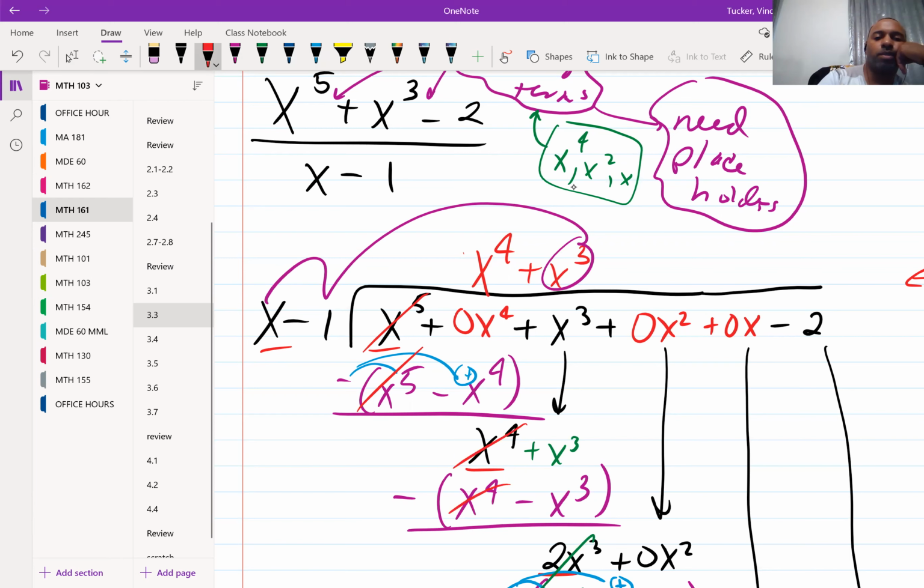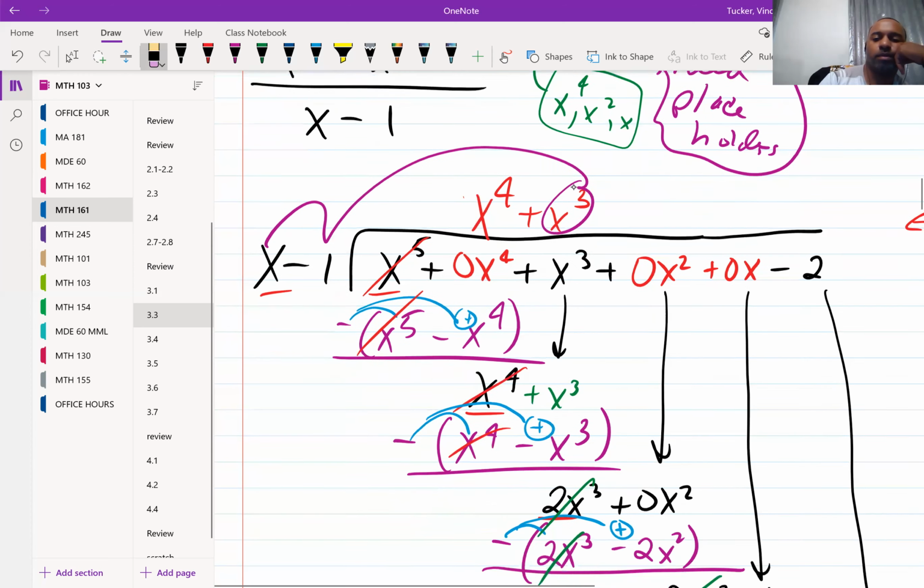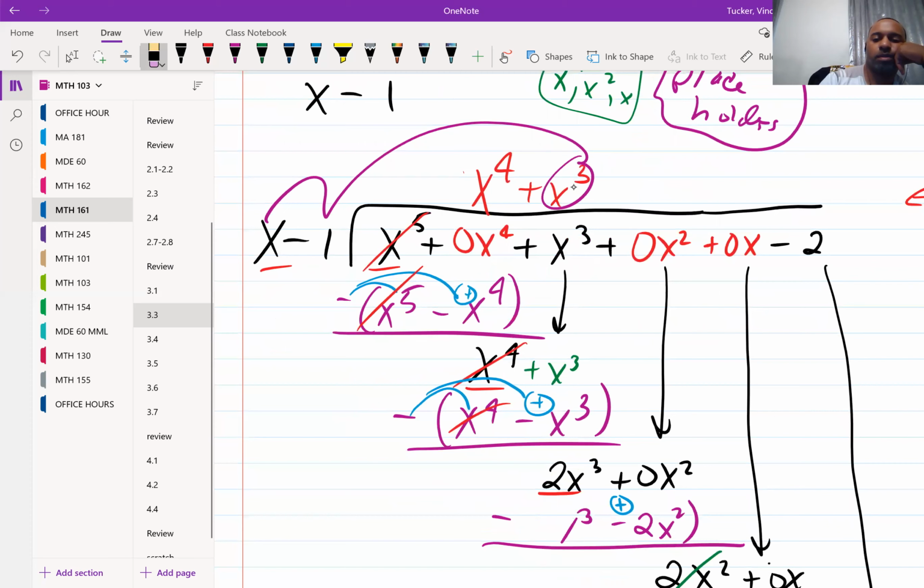These cancel. Turns that negative positive. And you're here with 2x cubed.